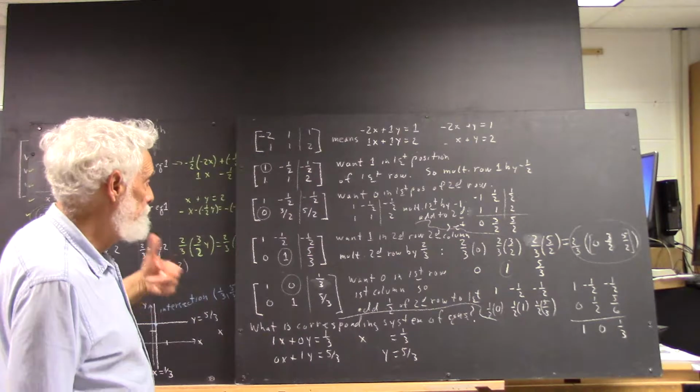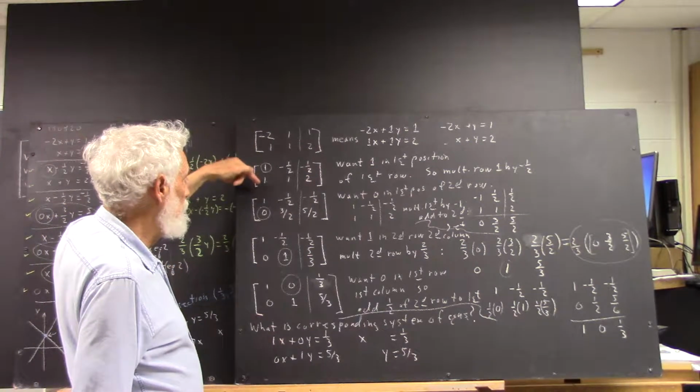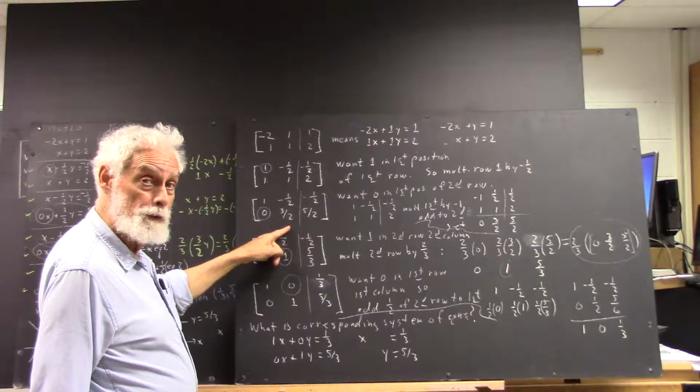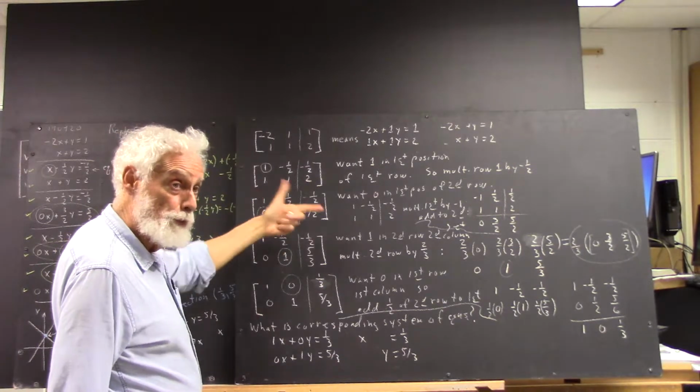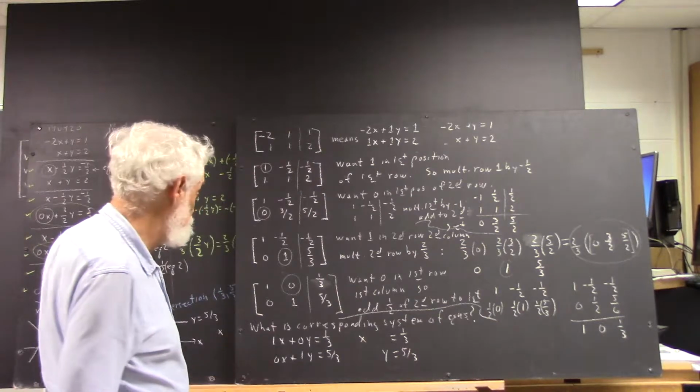It could be that in adding whatever multiple of this row we need to get a 0 here, we also get a 0 here. So we could have gotten a 0 and a 0, not with this system, but there are systems that would give us 0, 0.